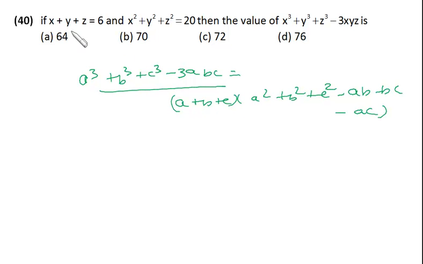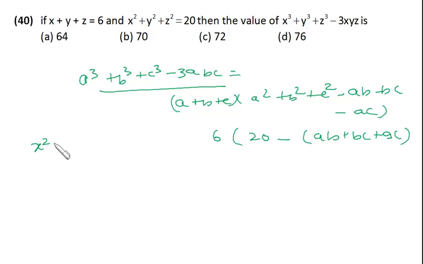Now a plus b plus c, that means x plus y plus z is equal to 6, is already given to us. a square plus b square plus c square, that is x square plus y square plus z square, that's also given, but we are not given this. Okay, now what we can do is just do the square of this.